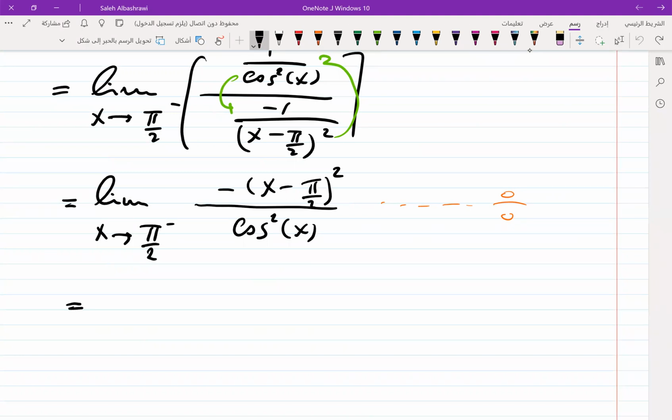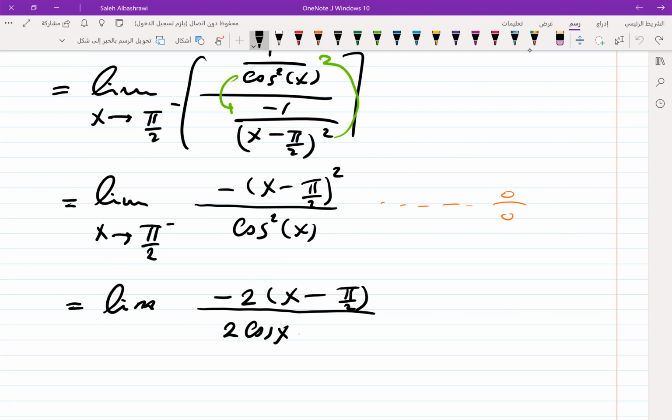So this is equal to the limit of minus 2 times x minus pi over 2, divided by the derivative of cosine square, which is 2 cosine x multiplied by minus sine x. So this will be minus sine.